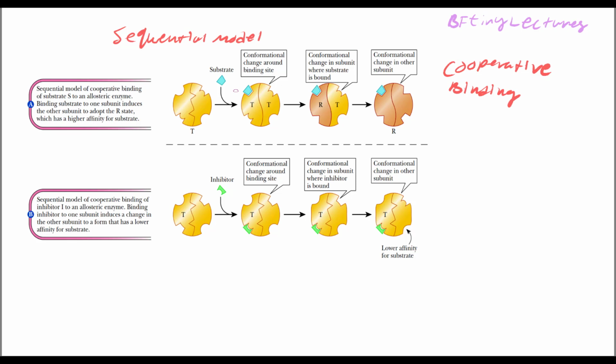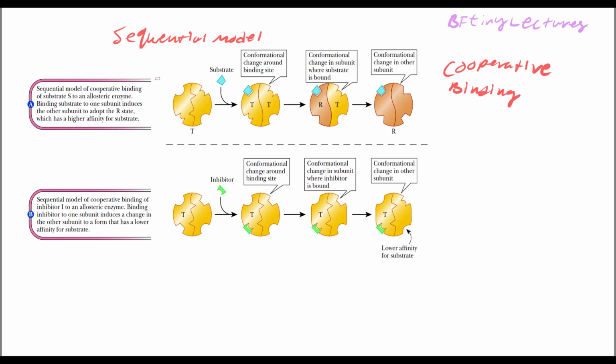The substrate goes to one of these subunits, and it says, you're not going to be tight anymore, you're going to be relaxed. So now the subunit becomes relaxed, and then it looks to its friend, the other subunit, and says, hey, since I'm relaxed, you should be relaxed as well. And then the tight subunit says, okay, I'm going to be relaxed. And overall, the enzyme becomes completely relaxed.